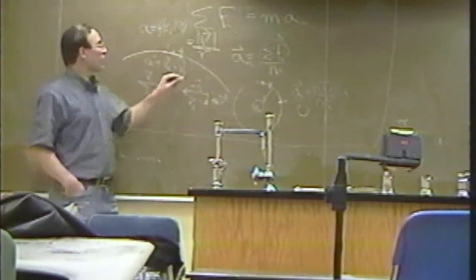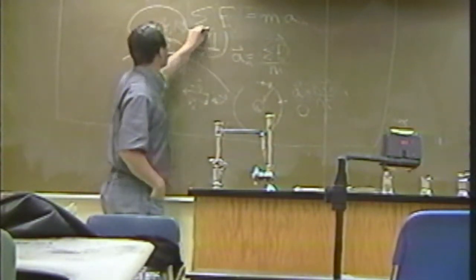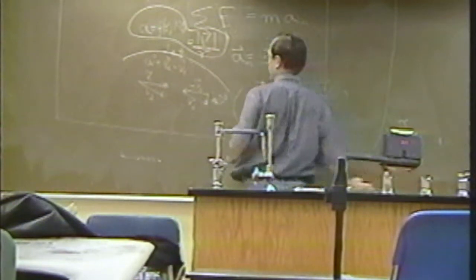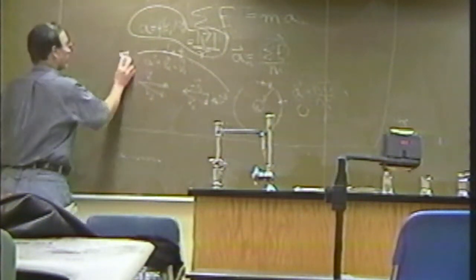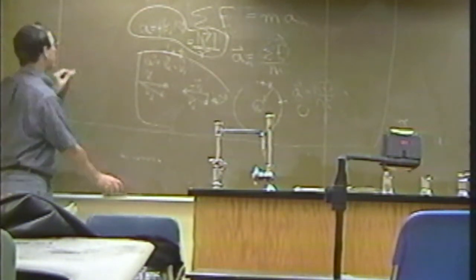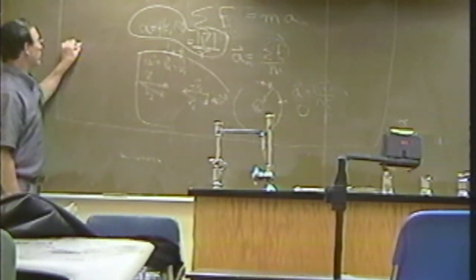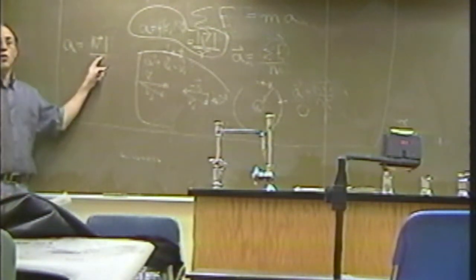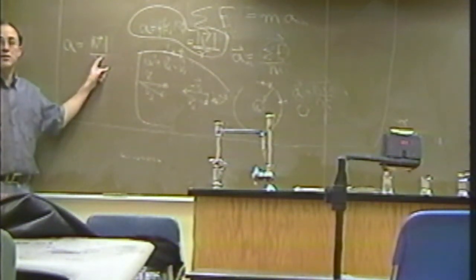Let's look at the units now for this equation. We have A equals v over r. This is the magnitude. The direction we know is towards the center.